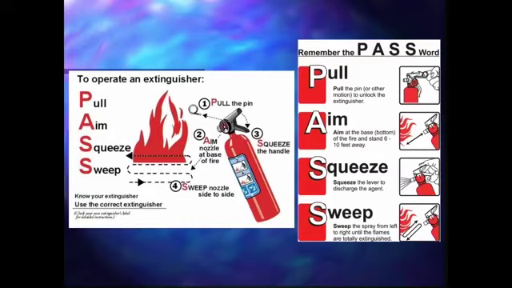If you are not trained, it's very dangerous to handle fire extinguishers.